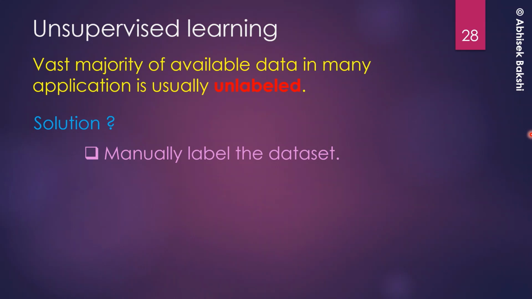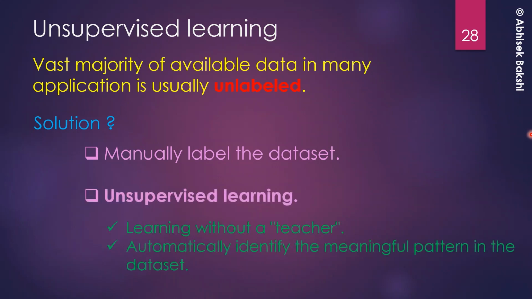That is why we go for another type of machine learning technique that we call unsupervised learning. By the name you can understand that unsupervised means there is no supervision, so it is learning without a teacher.